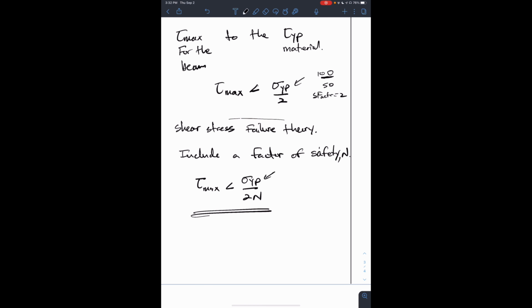Our sigma yp is our yield stress, and we will obtain this from tables and charts, like from MatWeb, for example. You go online there and you get the sigma yp. The 2n is our factor of safety, and this will depend on the type of loading, for example.